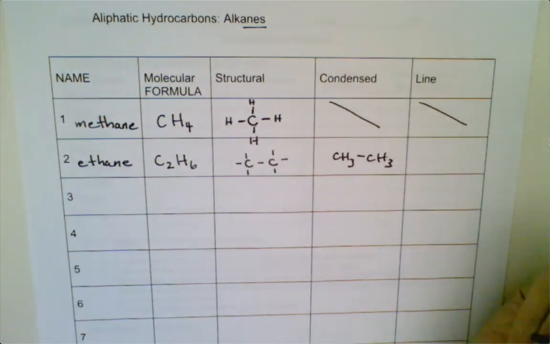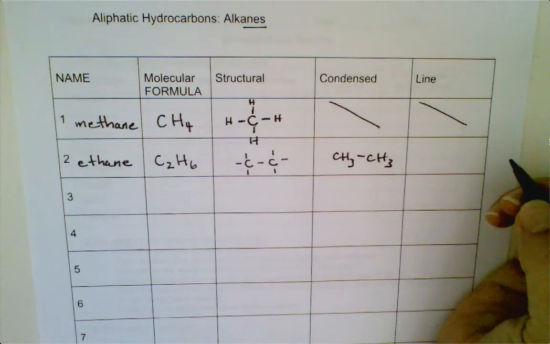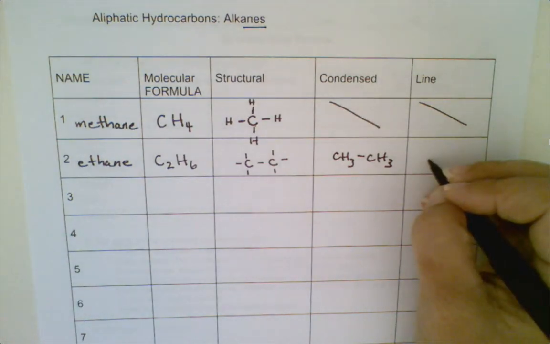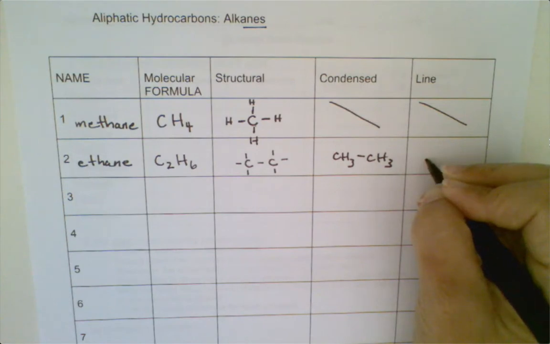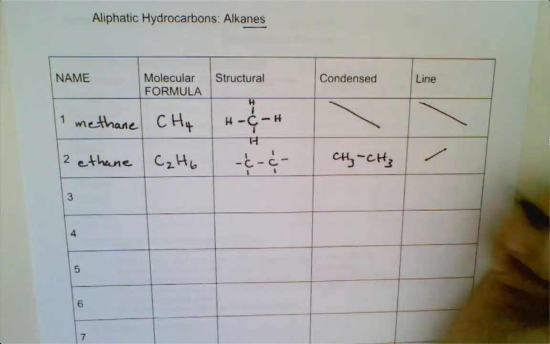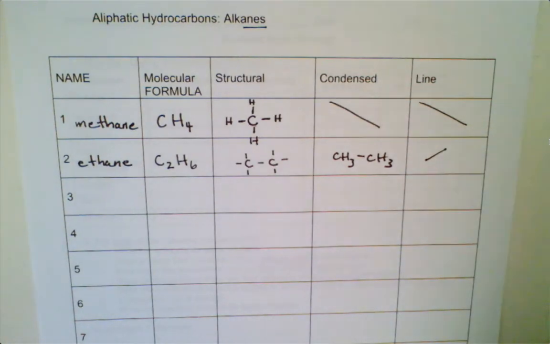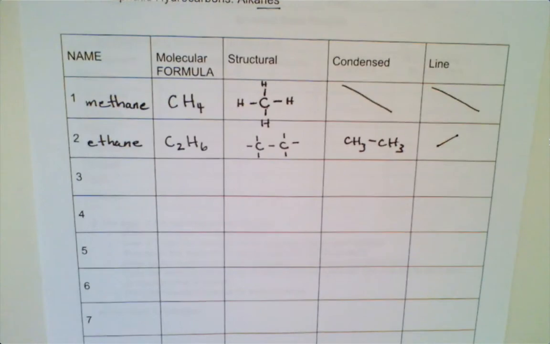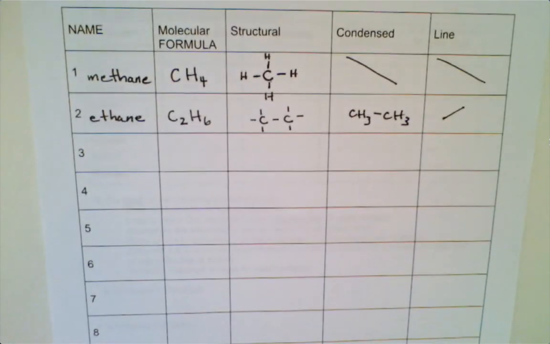So don't be fooled by that. In terms of a line structure for ethane, what you would do is you would just have a dot, which represents 1 carbon linked to another carbon. And so it's essentially just a straight line, which I know seems a little bit odd right now, but we'll see how this works moving forward. So I'll do a couple more.